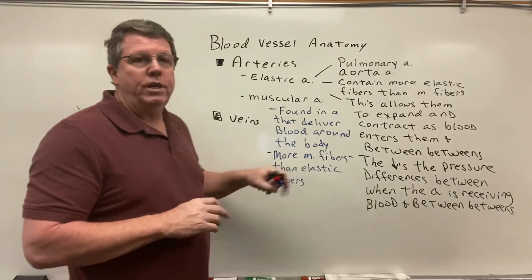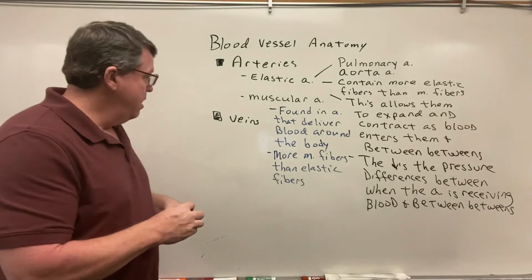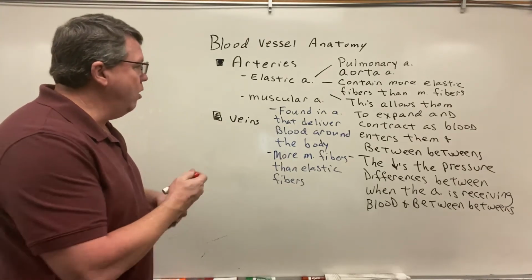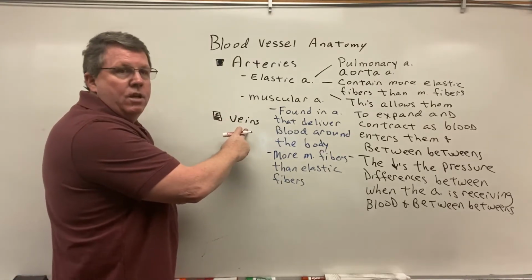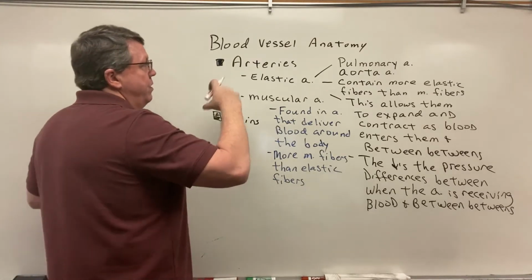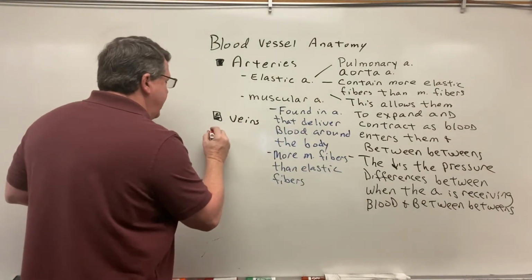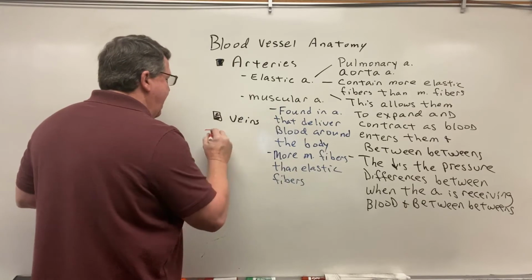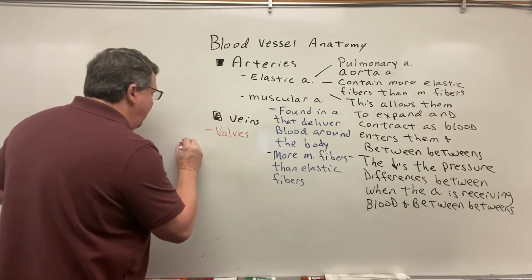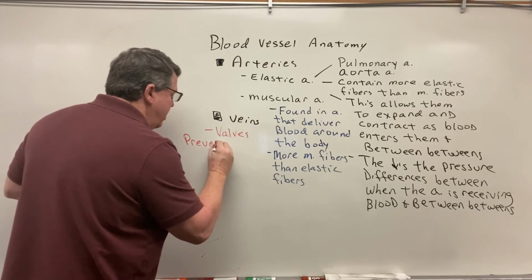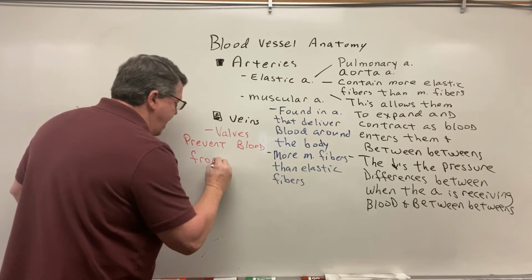Okay? So are we good on this? And then on veins, really the only thing I'm going to put about veins, and we're going to talk more about this when we start looking at arteries, arterioles, venules, and veins, but for the most part, I'm just going to put this right now. Veins have valves. And the reason that veins have valves is they prevent blood from flowing backwards.